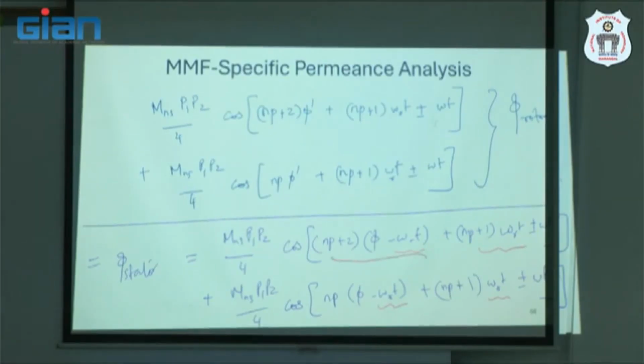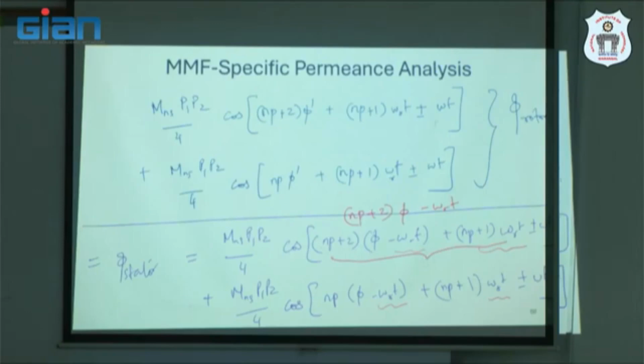So this entire term can be rewritten as (np plus 2) times phi, minus omega t. If you simplify, (np plus 2) into phi, (np plus 2) into minus omega t, and then here I have (np plus 1) into omega t.